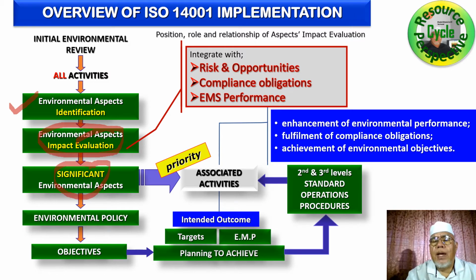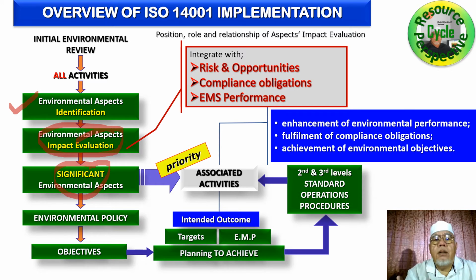That is why we have to evaluate, because we have so many environmental aspects in our organization from all our activities and processes. But we have to ensure which one is more significant in the context of environmental management, because we have to give attention to them.